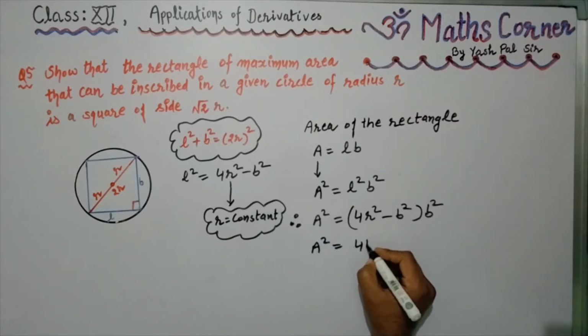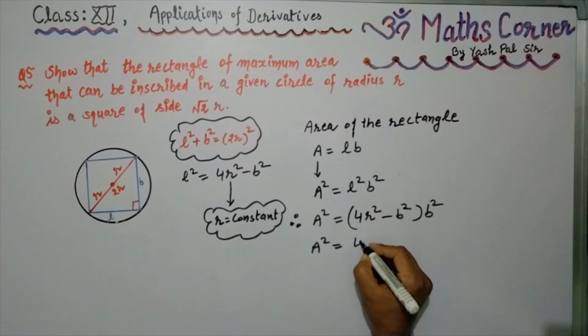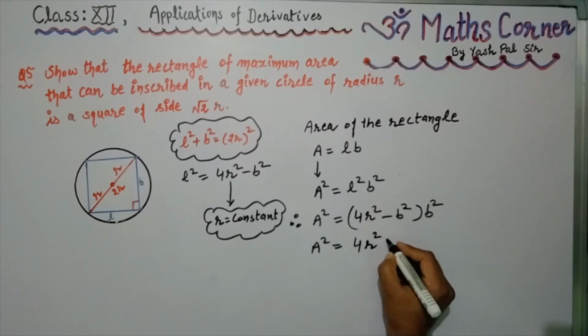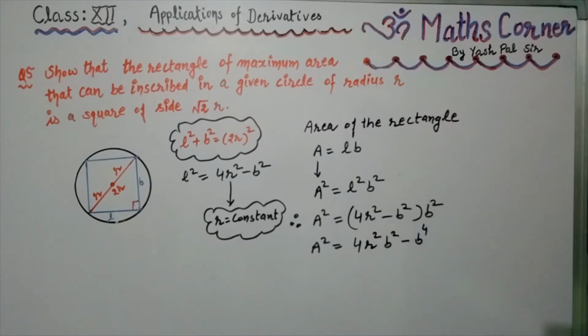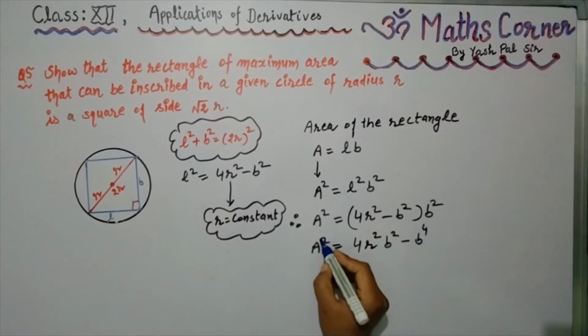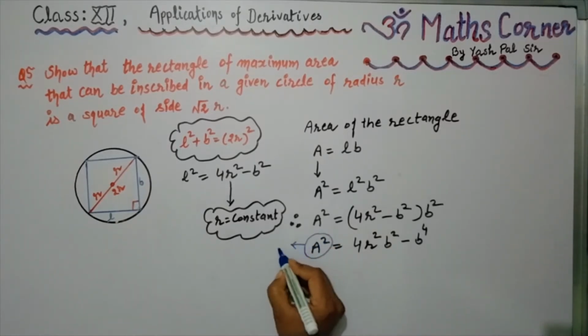So now what we do, we simplify this. A square is equal to 4B square into r square, or we write it as 4r square B square minus B raised to power 4. In order to find maximum or minimum, we find the derivative, double derivative test.